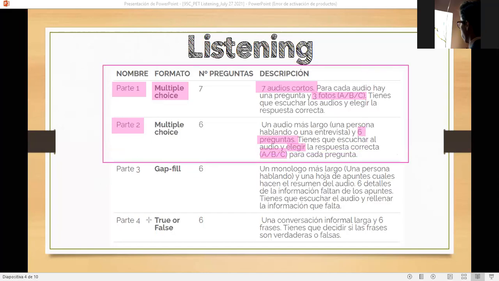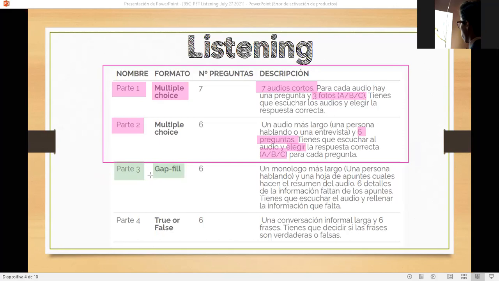3 and part 4. So just as a short review, in part 3, we're going to fill in the gap. It means that you're going to have some blank spaces and you will have to complete with 1 word from the listening, just as we did today with the song. Okay, very similar to the song exercise that we did today.